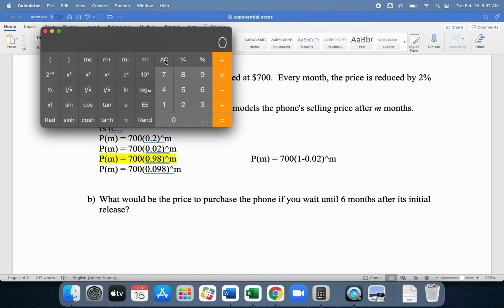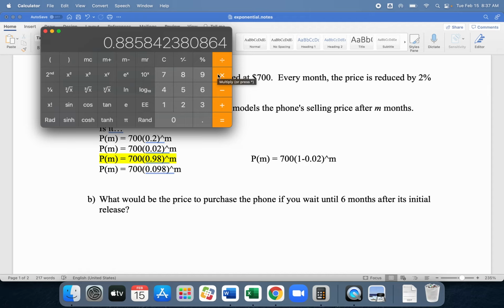So not that number, but I need to do 0.98 to the 6th power. Do I have this on here? I don't even have an x to the y. Sorry, bizarre, non-useful calculator here. That's the 0.98 to the sixth power.